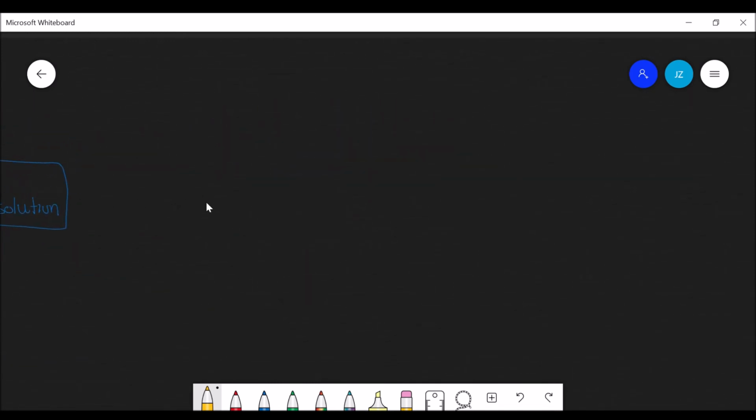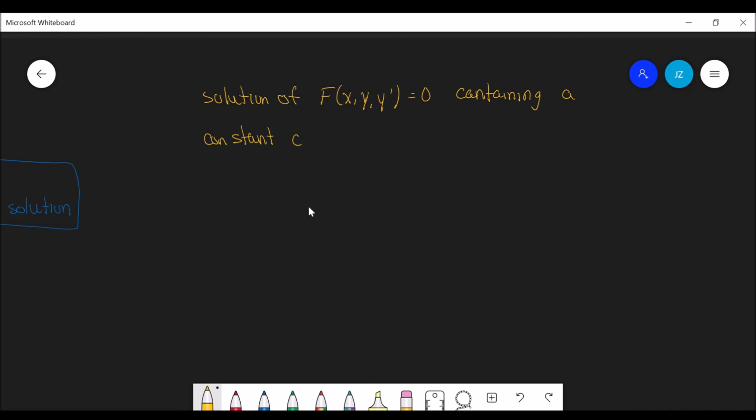So just some more terminology for solutions. A solution of the differential equation f of x, y prime is equal to 0, containing a constant, call it c, is a set of solutions g of x, y, c equals 0.